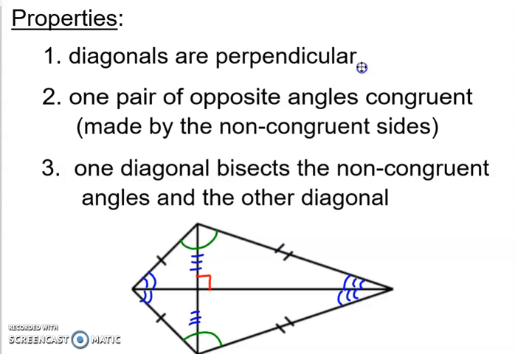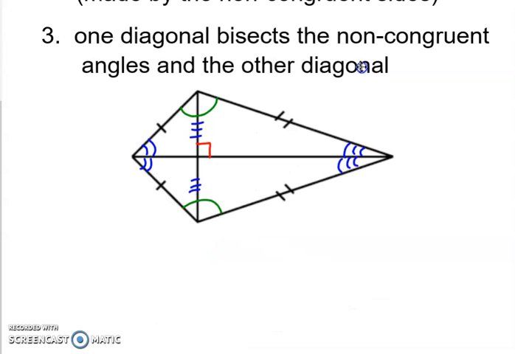So take a moment and look at this picture. I'm going to slide it up a little, make it a little easier to see on your screen even. We have lots and lots of markings on this kite now. And so what we want to do is just make sure we understand what is or isn't the same in these pictures. You have a kite that is being broken into 4 triangles, specifically 2 sets of congruent triangles.